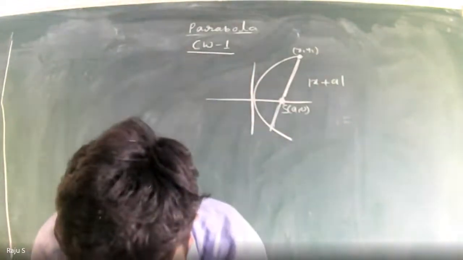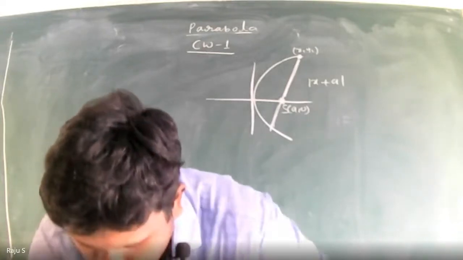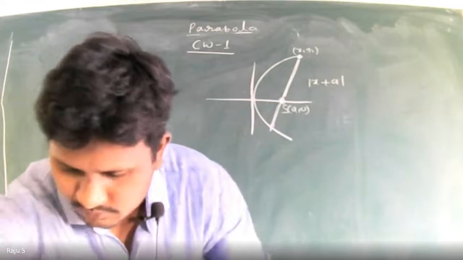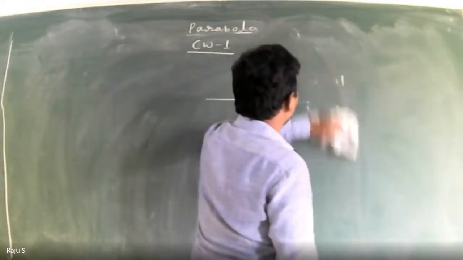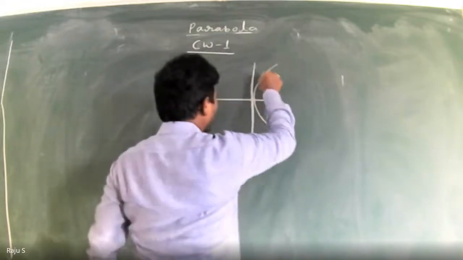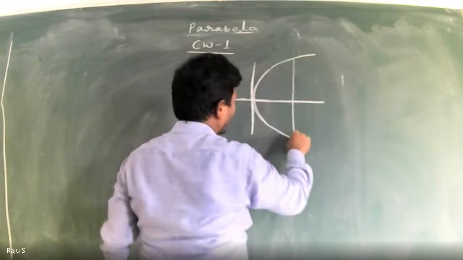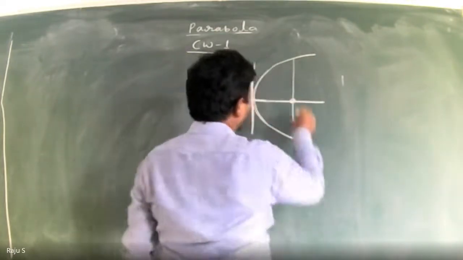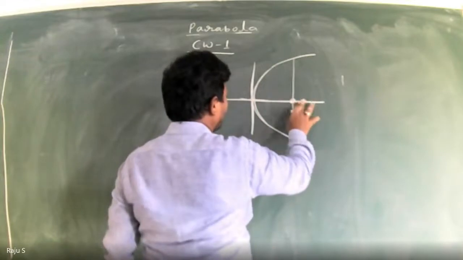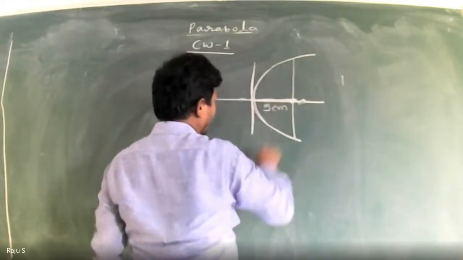Indirectly they have given the solution here. So here the thing is a parabola, they have given the diameter, and also the depth, 5 centimeters.